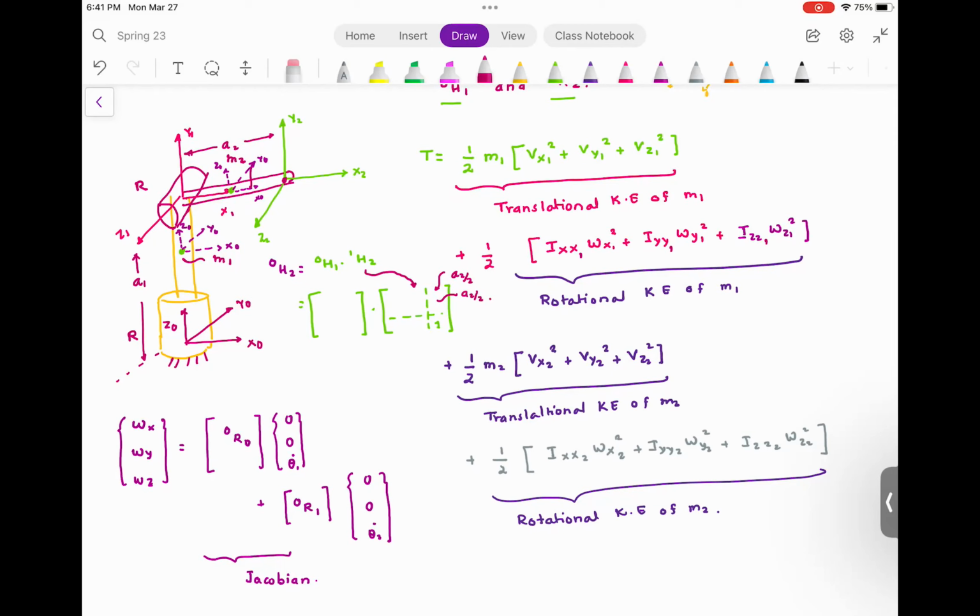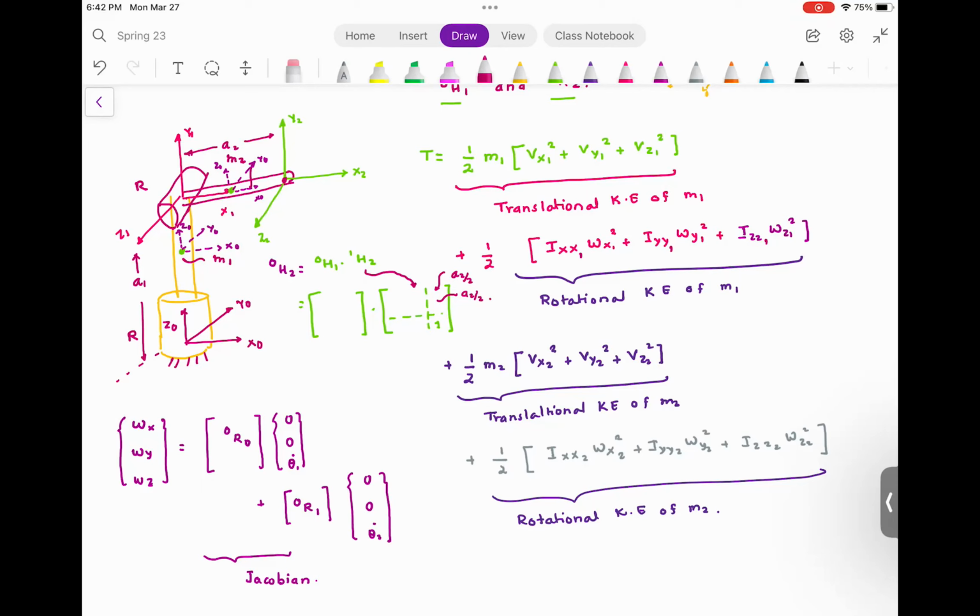Everyone understood this? So that's why when you work this problem out, remember the first column in the third column in the homogeneous transformation will have not a2 but a2 by 2. Everyone understood this? That will be the only change when you solve your forward kinematics problem.